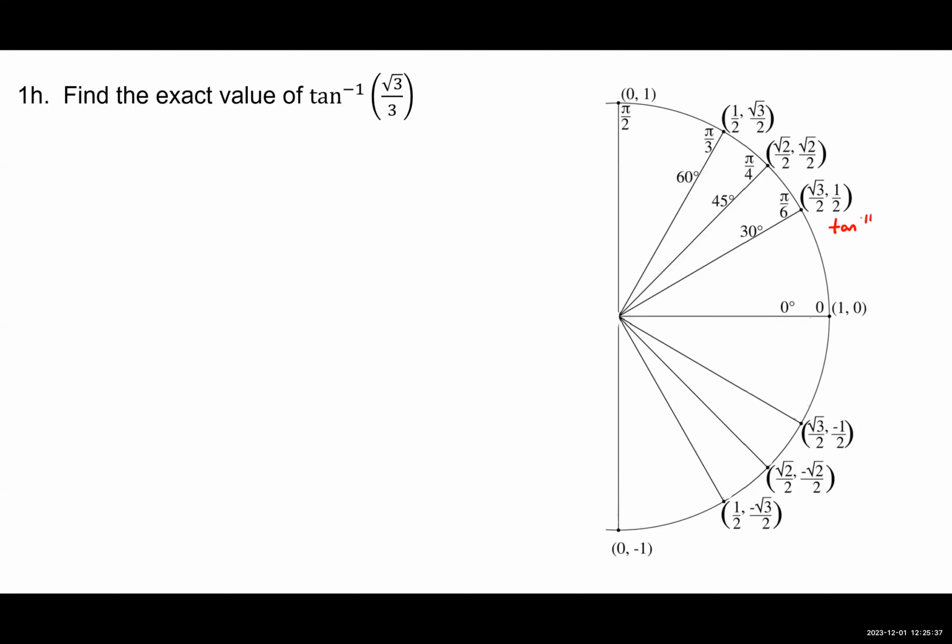The tangent of pi over 6 is equal to root 3 over 3. So the tangent inverse of root 3 over 3 is equal to the angle pi over 6.